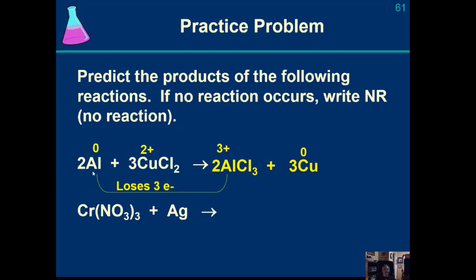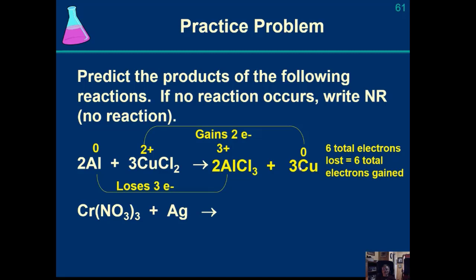So we know that each aluminum atom will lose 3 electrons to become a +3 cation. Each copper 2+ ion is going to gain 2 electrons to become a 0 oxidation state copper atom. So a total of 6 electrons are lost and 6 electrons gained. We use the coefficients to make that determination.